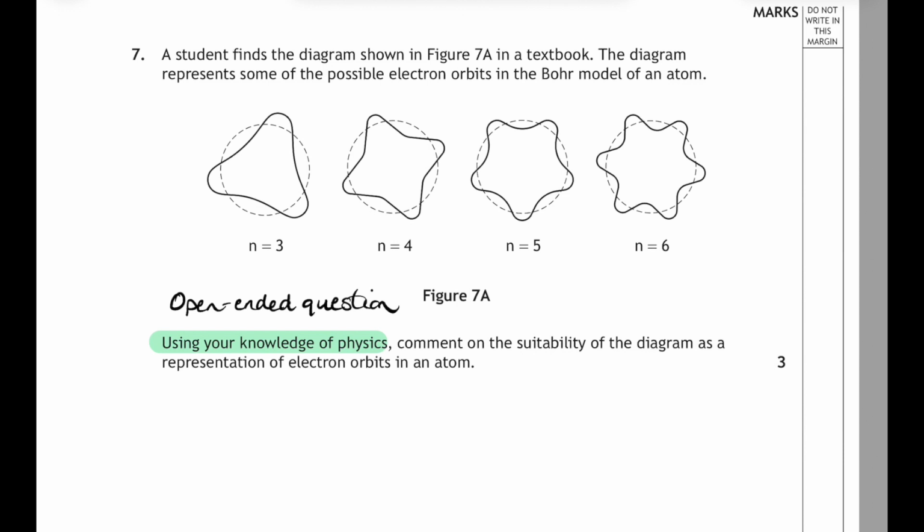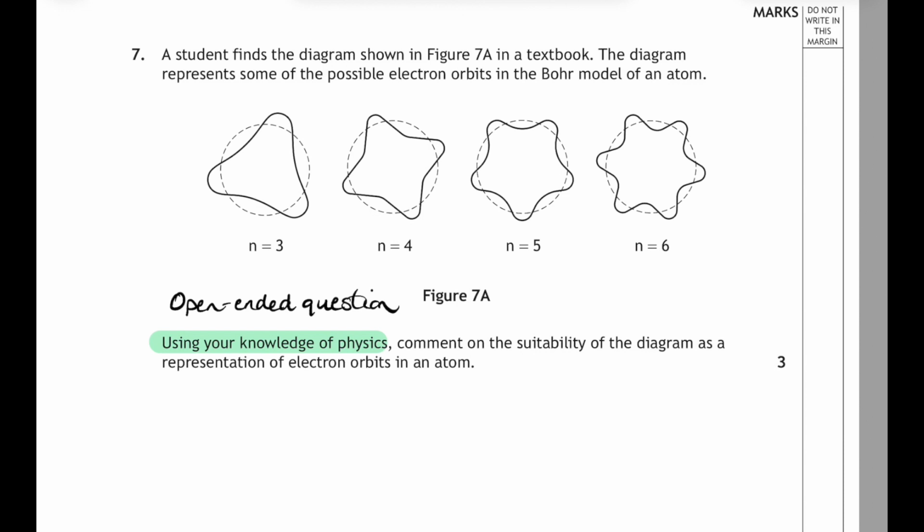It's really an opportunity for you to demonstrate your knowledge of physics, and a marker will take a holistic approach to marking this. In other words, they'll look at your answer and then gauge from what you have written how much of your knowledge of physics you have demonstrated. And of course that knowledge has to be relevant to the question and at an advanced higher physics level.